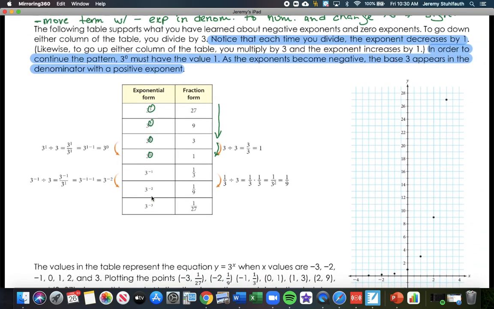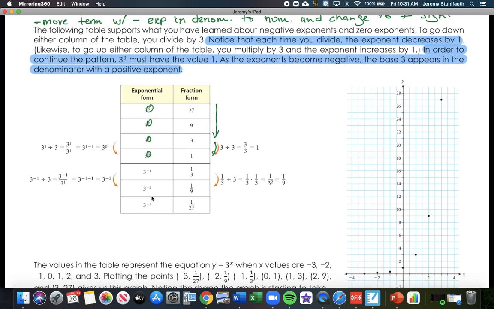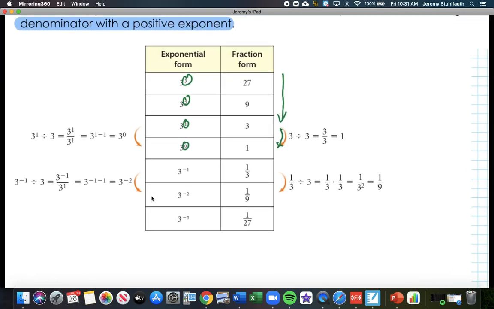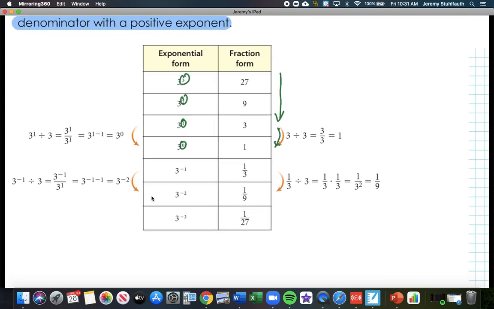Then, as the exponents become negative, the base appears in the denominator with a positive exponent. So 1 divided by 3 is the same as 3 to the negative first power, because you'd have to switch that into the denominator, and it becomes 1/3. 3 to the negative second is the same as 1 over 3 squared, which is equal to 1/9. 3 to the negative third power would be 1 divided by 3 to the third, which is 1 over 27.